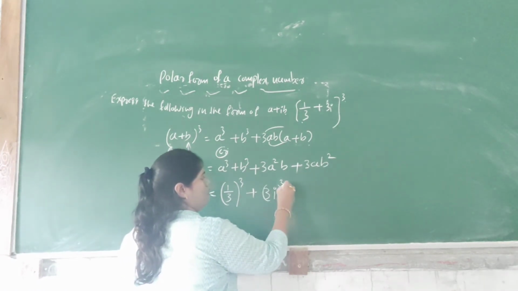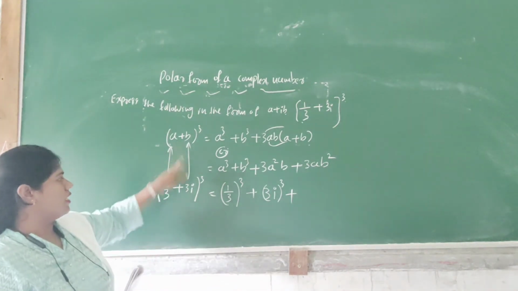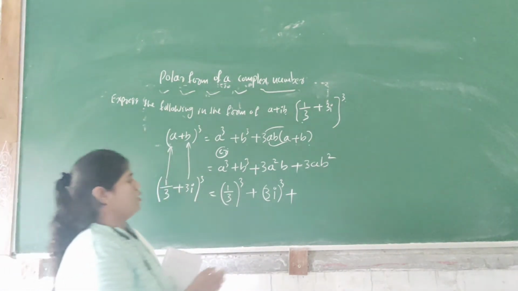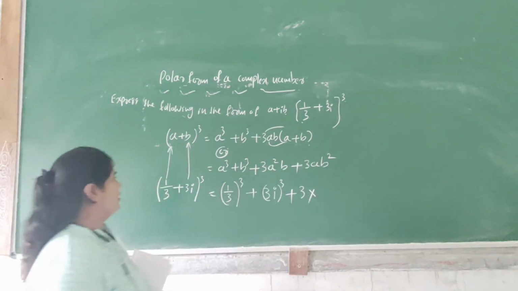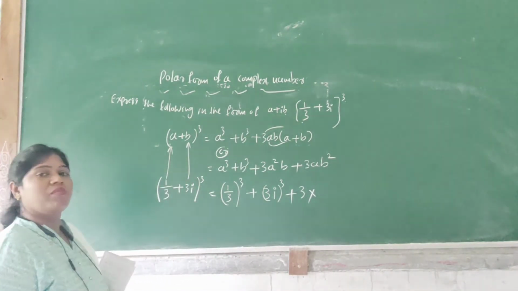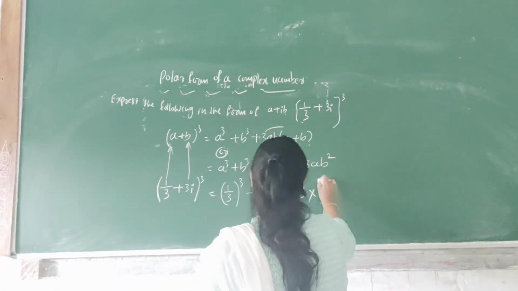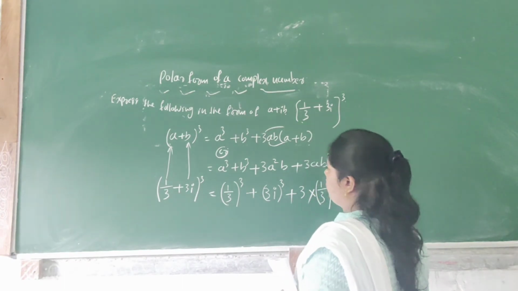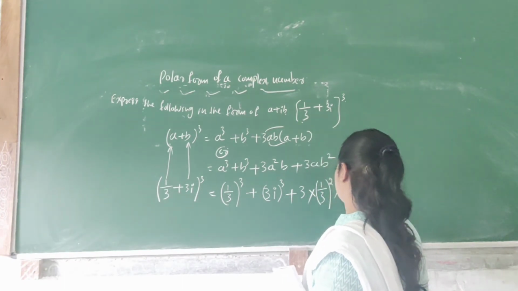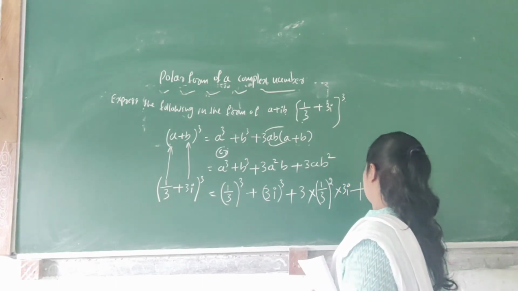3i whole cube, because B is 3i. So whole cube plus 3 A square. A square means (1/3) whole square, into B. B is 3i plus 3.